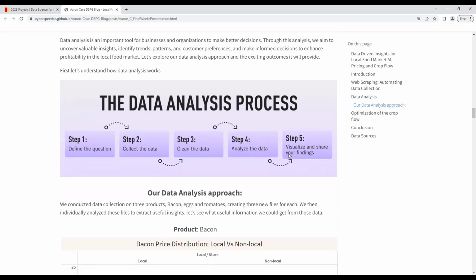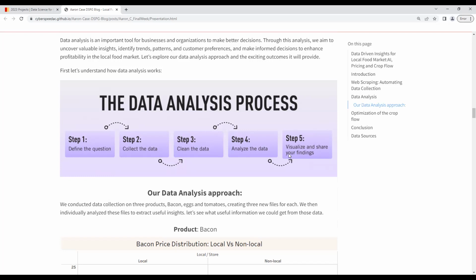All right, for the data analysis process, we followed the regular data analysis process. That is, we first define the question, like what we are trying to get from the data. We had a list of questions that we wanted answered from our data. Data collection was done with the spiders, a very tedious part.